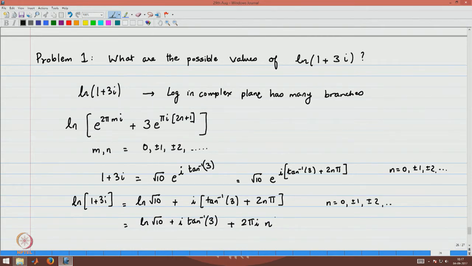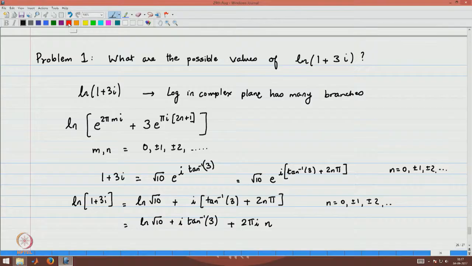You can put different values of n and you will get different values of the logarithm of 1 plus 3i. This is an example of what we learnt about different branches of a function. The function is the logarithm function, and we know that the logarithm has many different branches.